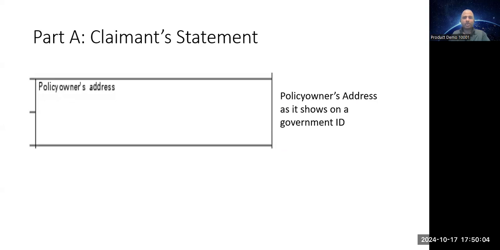All right. So next you have your policy owner's address. When it comes to the address, again, you want to make sure this address is the same as on your driver's license, for example, if you're using your driver's license for your government photo ID. So you want to go ahead and type in the address.